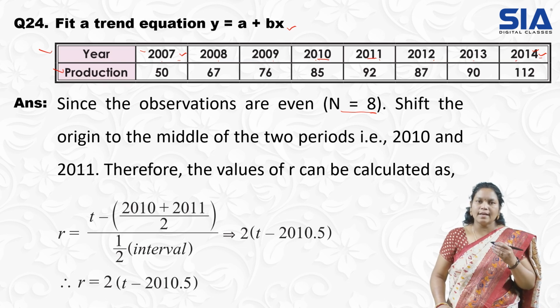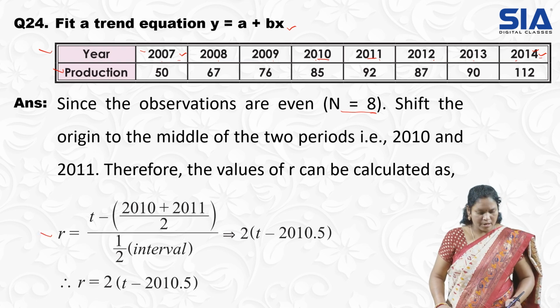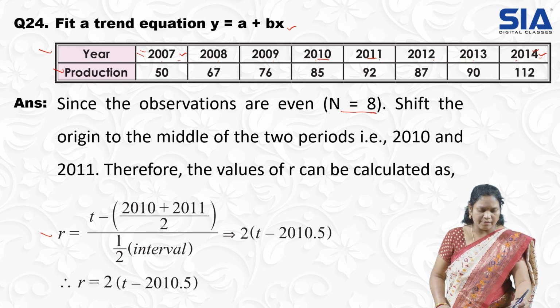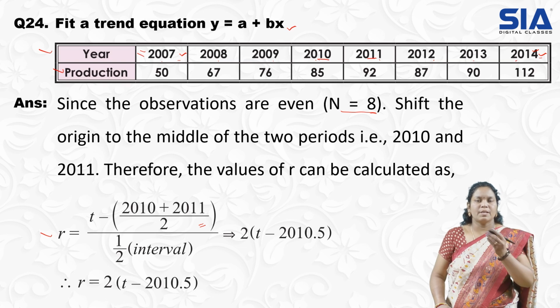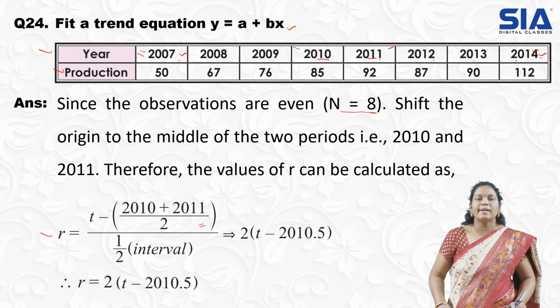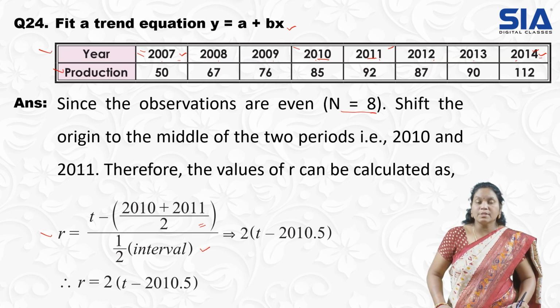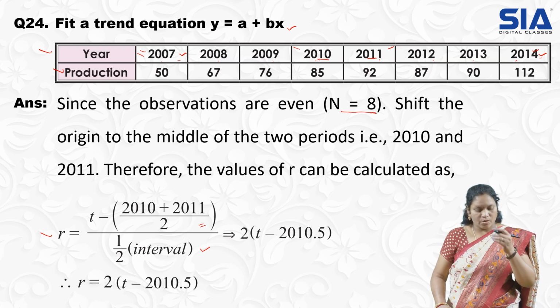Now how to handle that? Let us check it through the formula. To get the exact middle value, R is equal to T minus the average of the middle 2 years, where T means the current year. Suppose I am doing 2007, so T becomes 2007. The average of the middle 2 years is the mean formula, A plus B by 2, so 2010 plus 2011 by 2, divided by the overall interval, which is half, so 1 by 2.